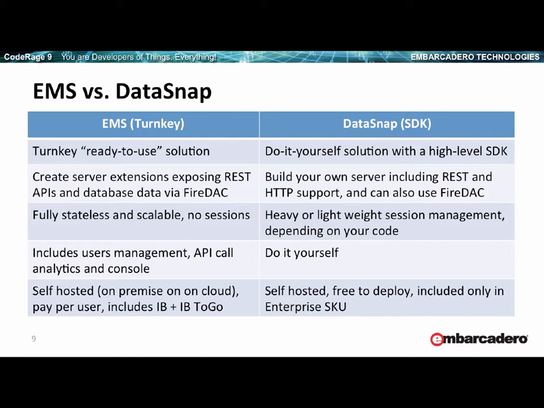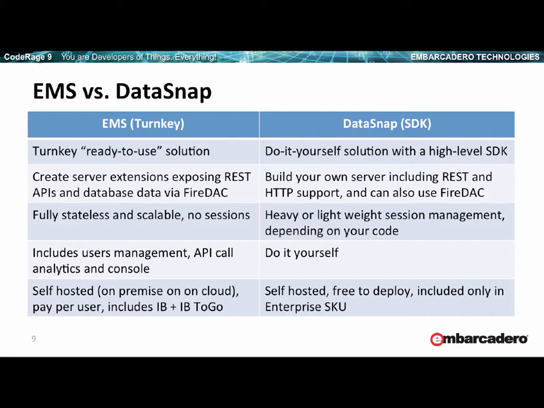You saw how easy it was for me to create a new resource, deploy it, and connect into it. And the approach you just saw was creating server extensions, which expose these REST APIs or data access through FireDAC via these standard REST APIs. So EMS uses standard REST and JSON, which means it's fully stateless.